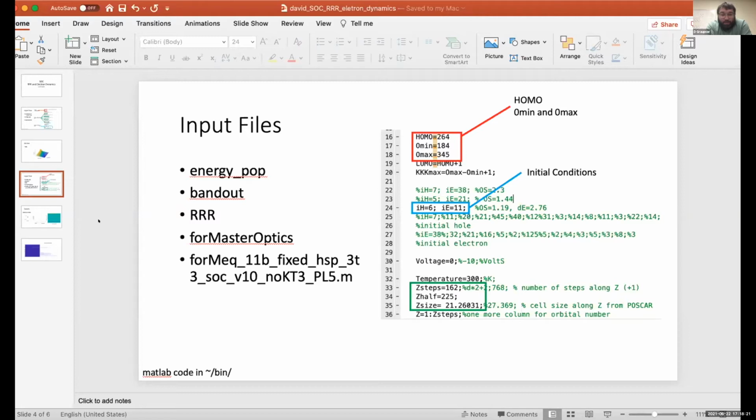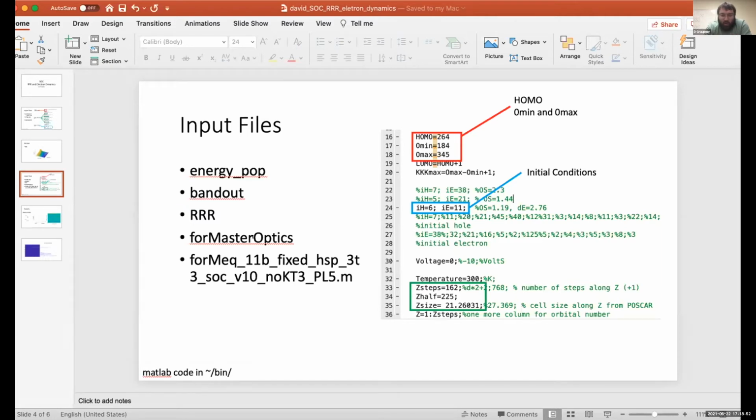So then, much like Yulin, the next step would be to generate the green figures and blue figures. And for these, you need a few more files. You need the energy pop, the RRR, the band out, which Yulin talked about a bit. This one is not separated out into the two different spins like what Yulin had set up.